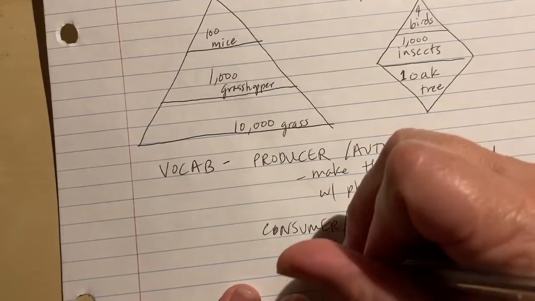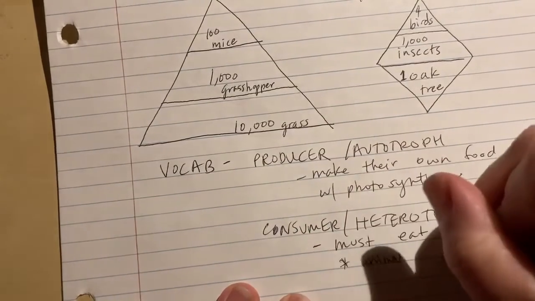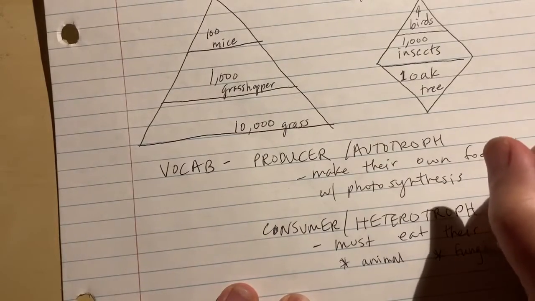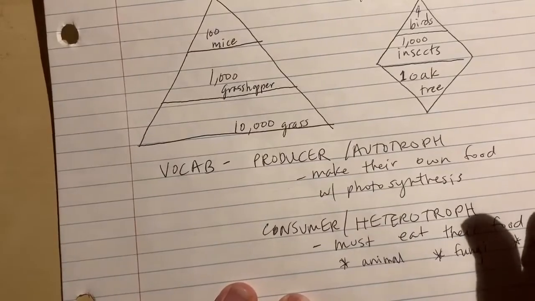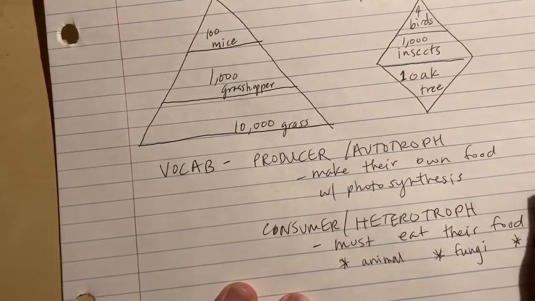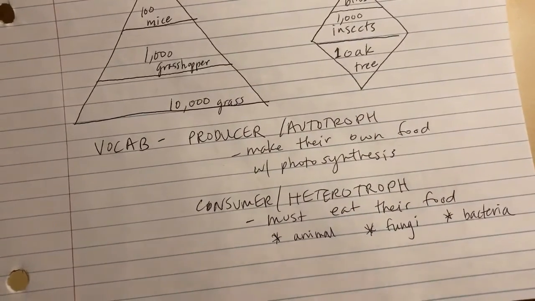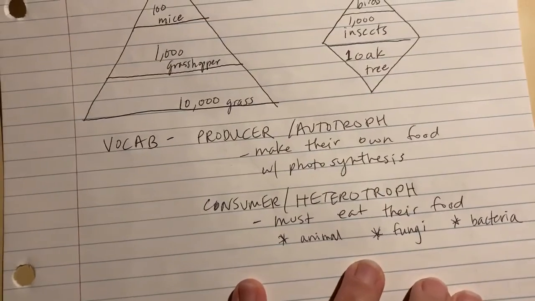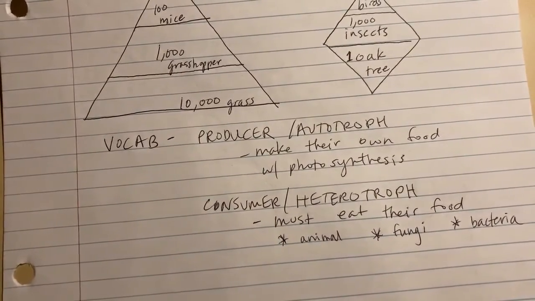A consumer could be an animal, a fungus, fungi, and also different kinds of bacteria. Depending on what kind of bacteria it is, there are some bacteria that are producers, but most bacteria are actually consumers. So that's some vocab that you need to know.